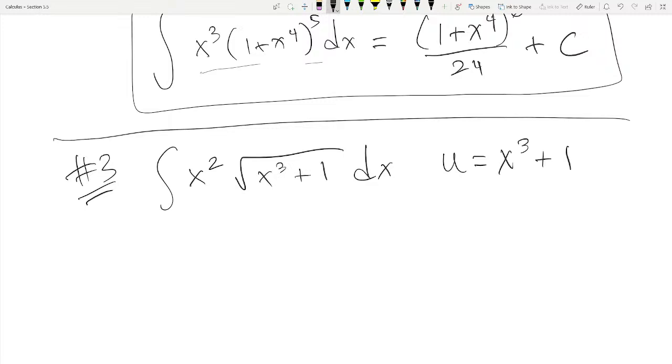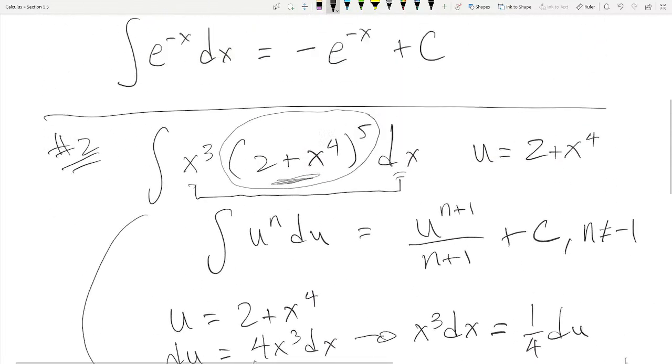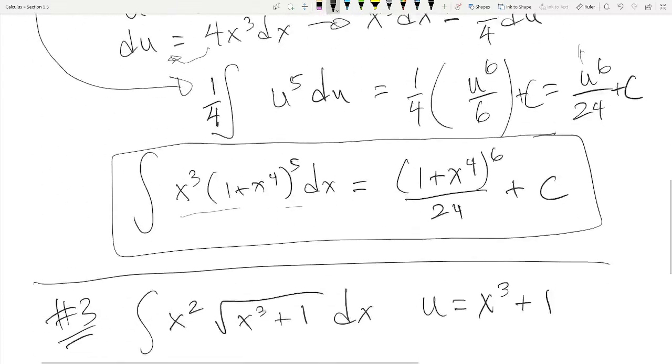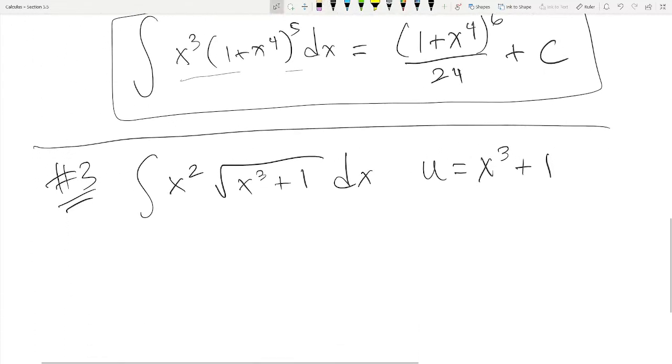The idea is that if I put u equal to x cubed plus 1, I'm going to have square root of u there. Okay, can we do that? Well, that's u to the 1/2, so it falls into the same category of this right here. I can do u to a power, as long as that power isn't -1, I can do all those. So square root is just a disguised version of something with an exponent, that exponent being 1/2.